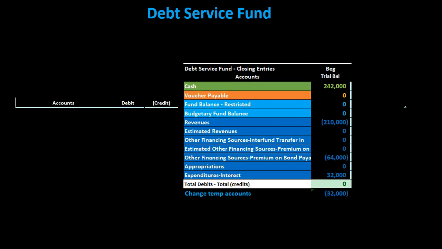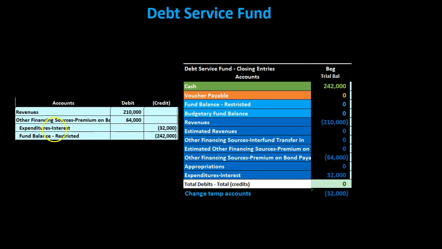Then we're left with just the income statement accounts, and there shouldn't be too many of them because we're just dealing with the debt service fund. So now we'll just reverse out the income statement type accounts, the temporary accounts, those that are going to close out. That includes revenue. So revenue has a credit in it, so we're going to debit it to make it go down to 0.